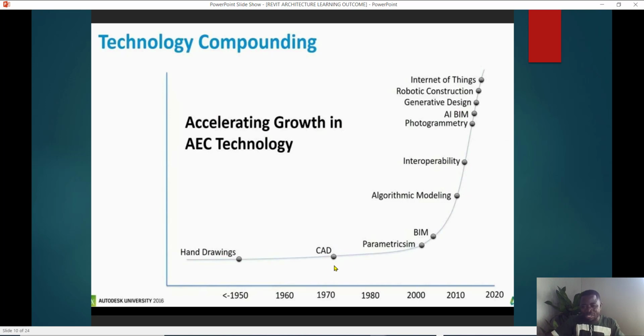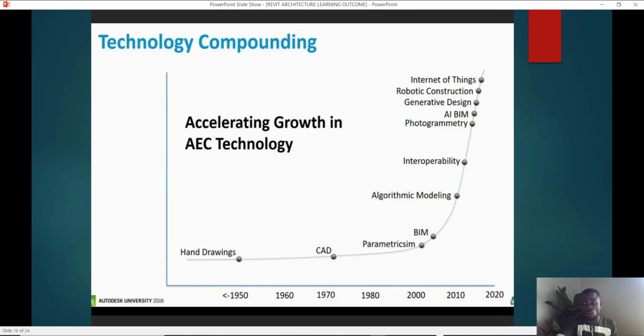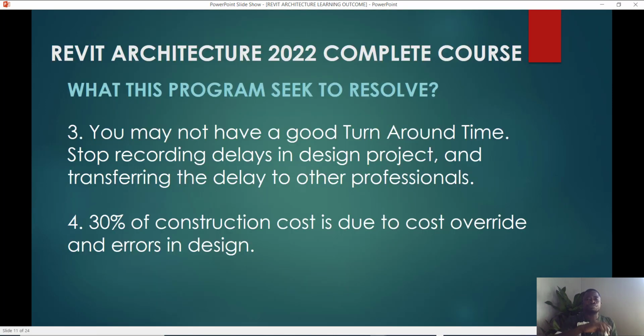It's not the time to be using technologies that need an upgrade. That is why I mentioned that it is not so economical at this point to be using CAD or lesser technologies for your project, unless it calls for it.